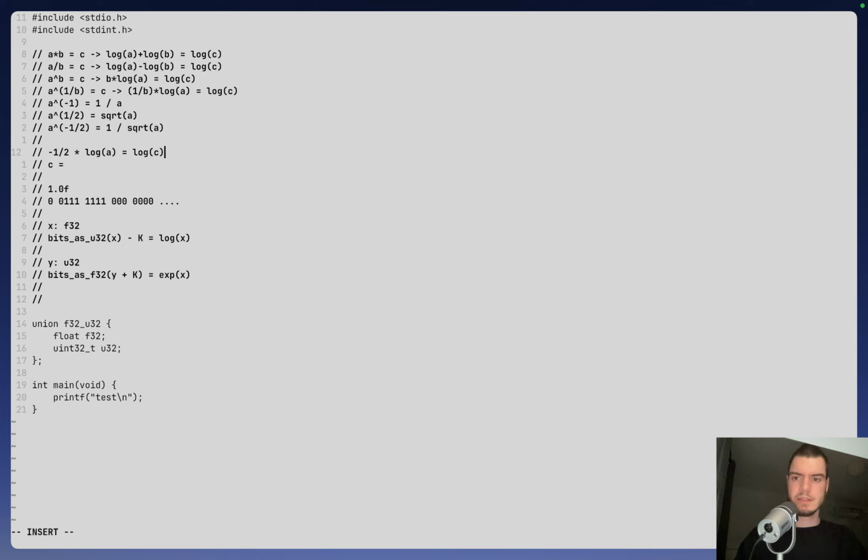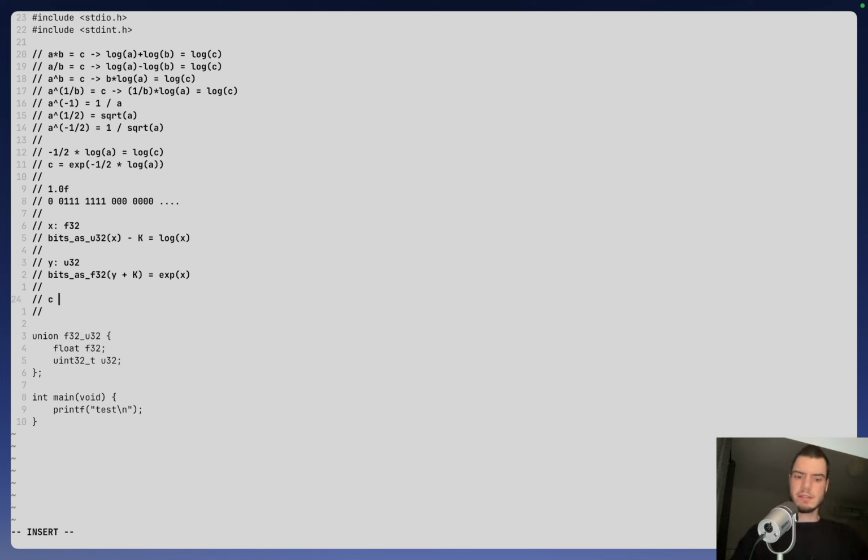This gives us the result of the logarithm of our actual wanted answer. So to get the actual answer, to get c, we need to do the exponential function of minus 1/2 times log of a. Okay, and now we just take these functions that we have down here and start substituting.